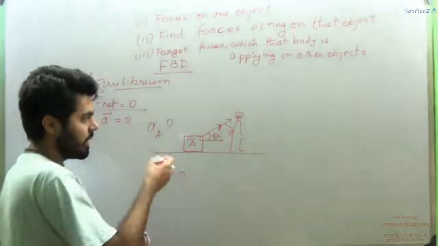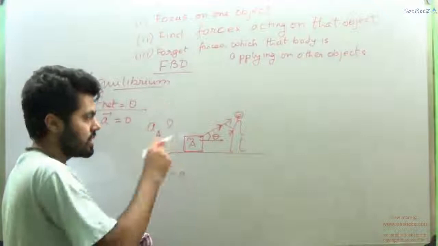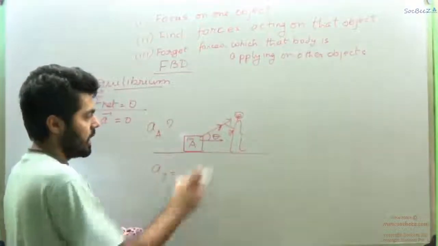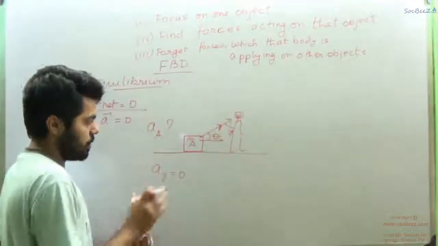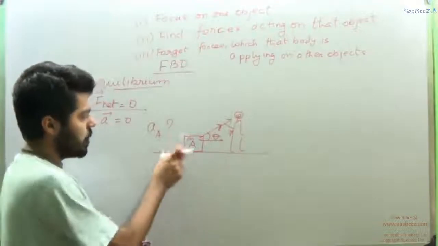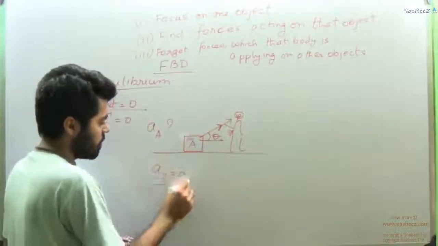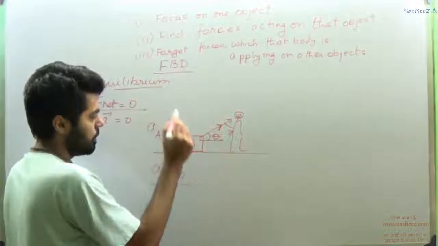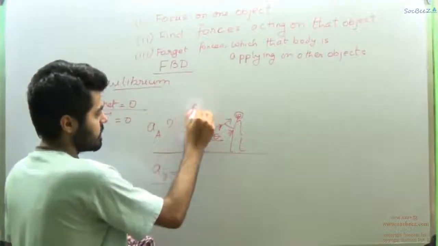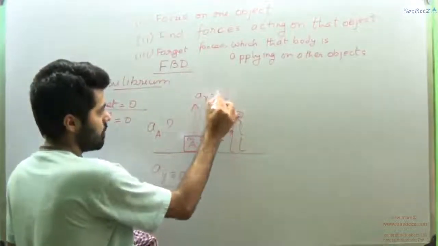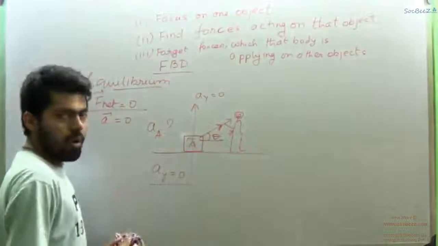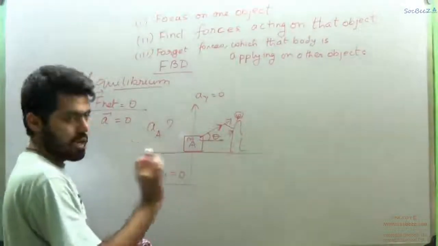He's not trying to pull it upwards. He's just trying to pull it horizontally at this angle. Since the object is not going to lift up, the acceleration of the object along y, ay, is 0. So we have to only consider the acceleration along x.